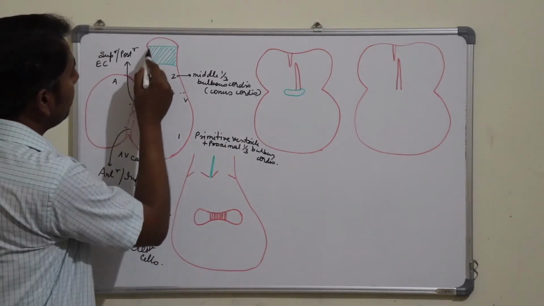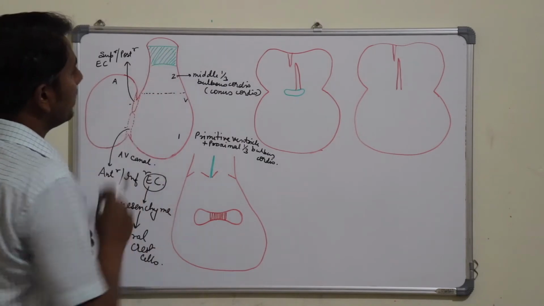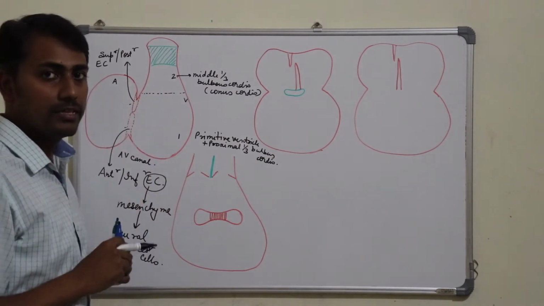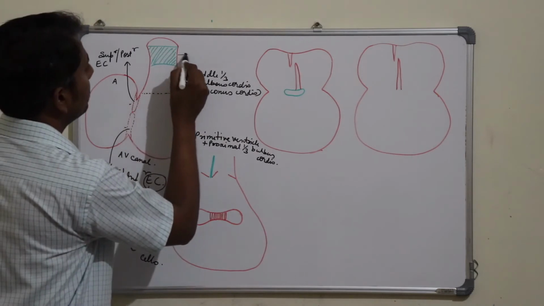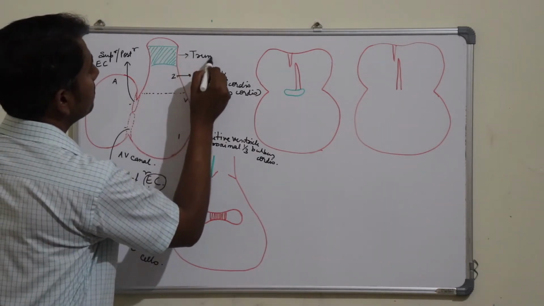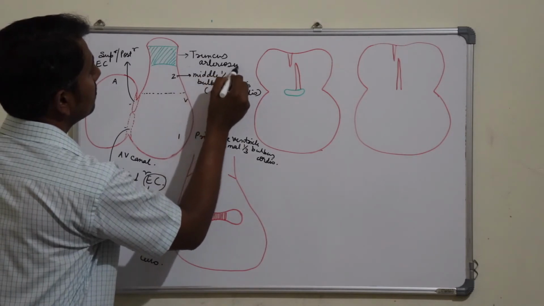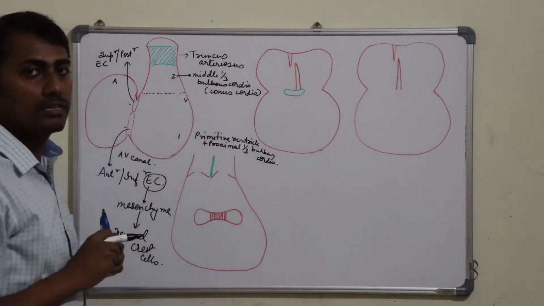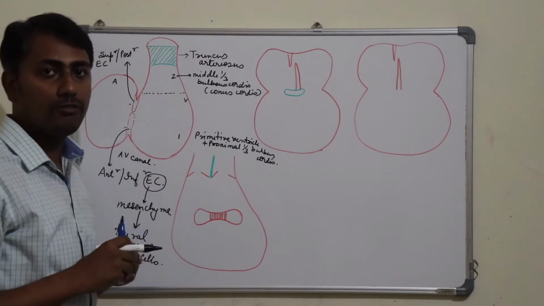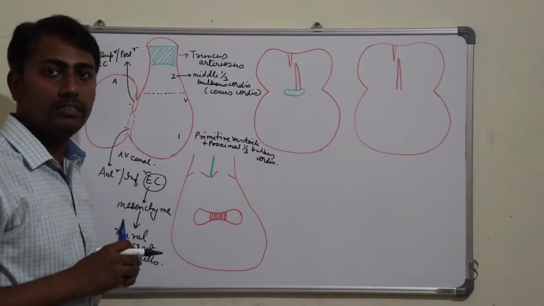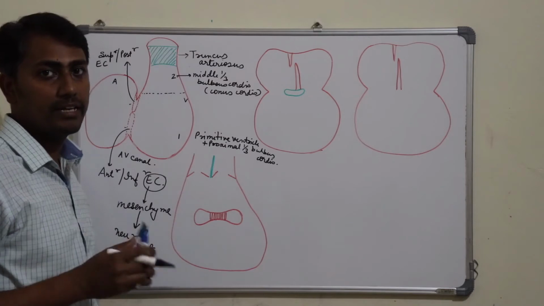The part of the developing heart tube just above the second part of the ventricular chamber is derived from the truncus arteriosus, which will later on form the ascending aorta and the pulmonary trunk.